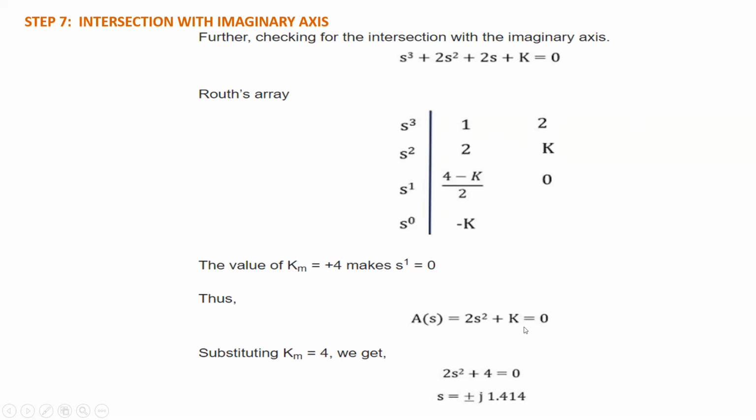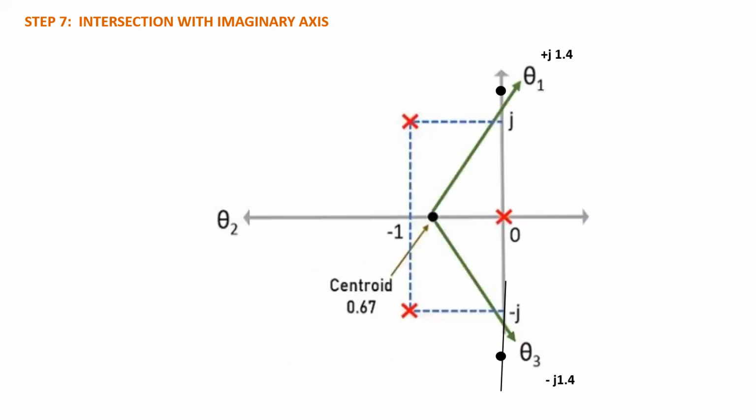If we substitute k equal to 4 here, we have two roots, which are plus minus j 1.414. So these are the points where the root locus intersects the imaginary axis. We are done with all our steps, so let us plot the root locus.